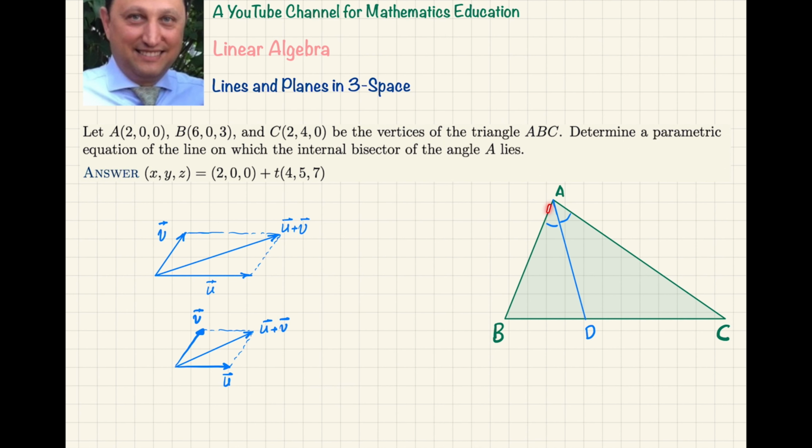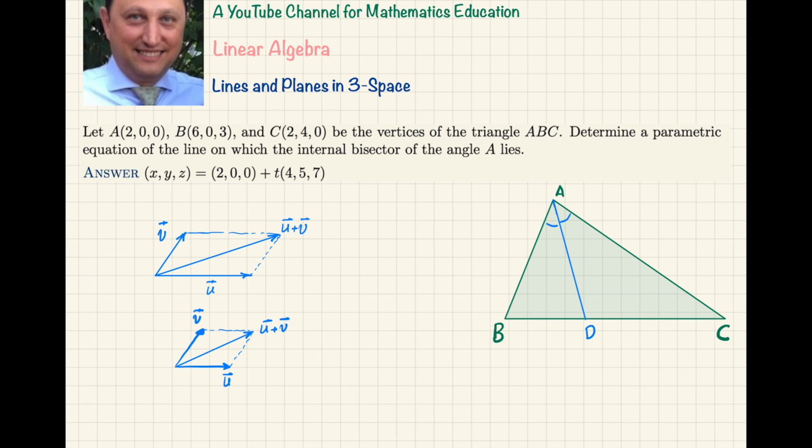So if I find the unit vector on vector AB and the unit vector on vector AC, and add them using the parallelogram law, then because of what I described here, this parallelogram becomes a rhombus, and the addition of these two vectors lies exactly on the bisector of the angle between the two vectors. The angle between these two vectors is exactly the angle A itself, because one of them is on AB and the other one is on AC. So that's it, and I have my direction vector and I can solve my problem.